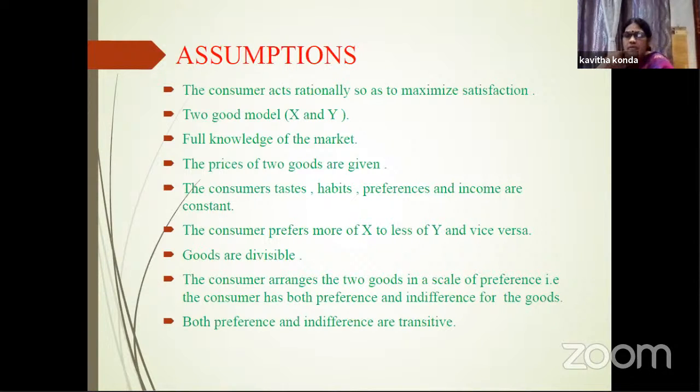And here also the goods are divisible. When he is using the commodities, he can divide and use them. If they are larger units, they are still divisible. And the consumer will arrange the two goods in a scale of preference. Means the consumer has both preferences, and he is indifferent between these goods.